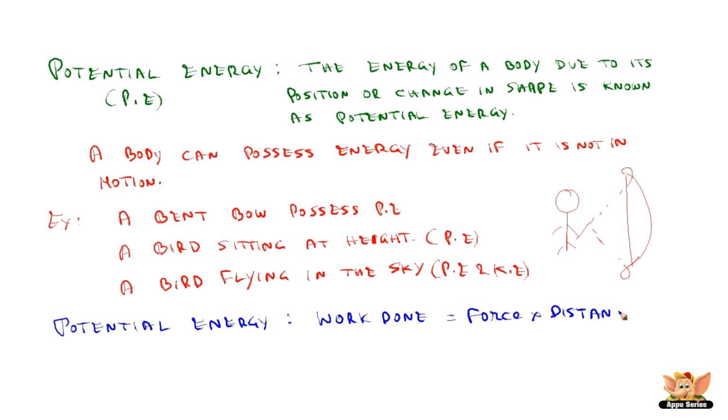Now in this case, take the example of a stone at a height of h. What is the potential energy? If the stone's mass is m and the acceleration due to gravity is g, force is nothing but mass into acceleration, so m into g, and distance here is height.